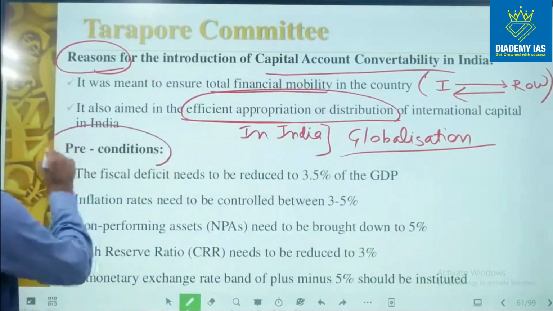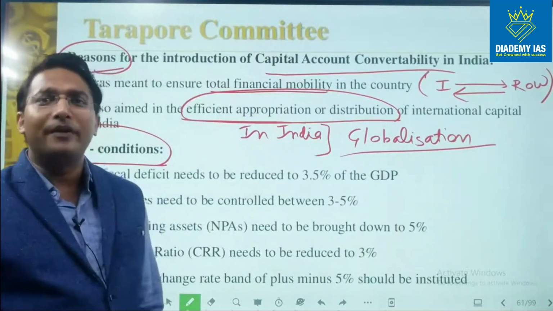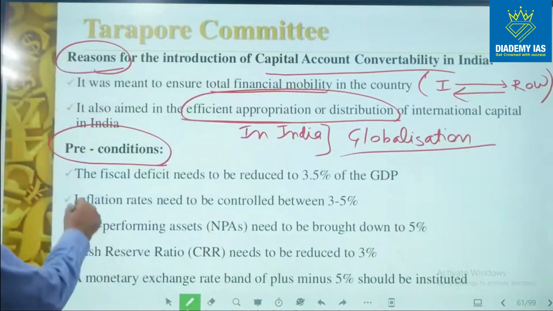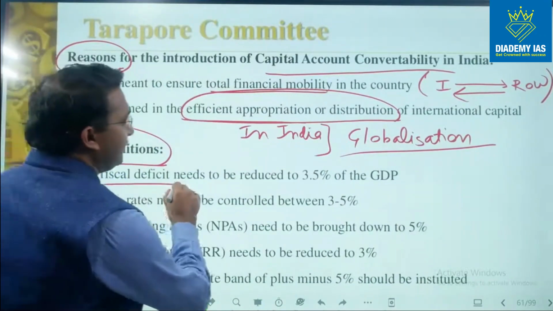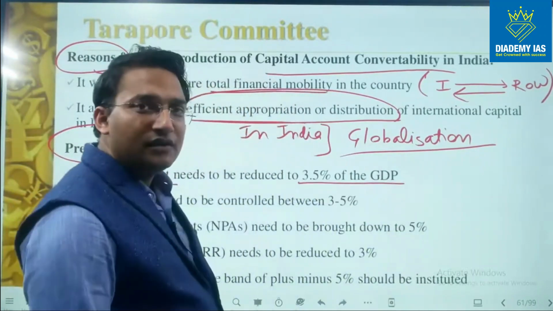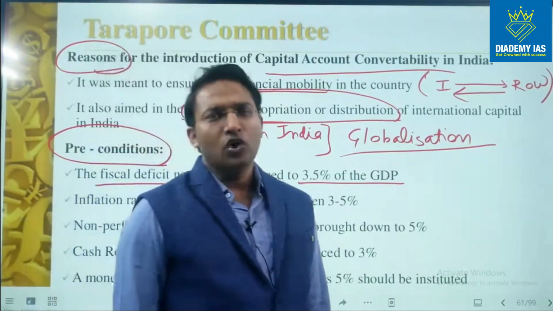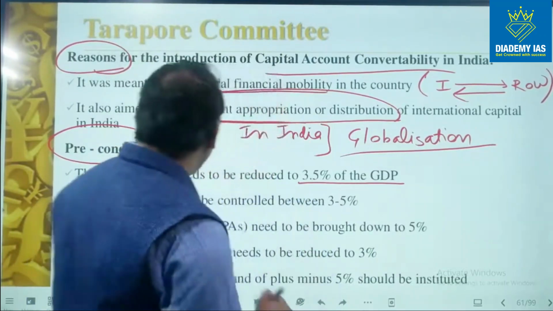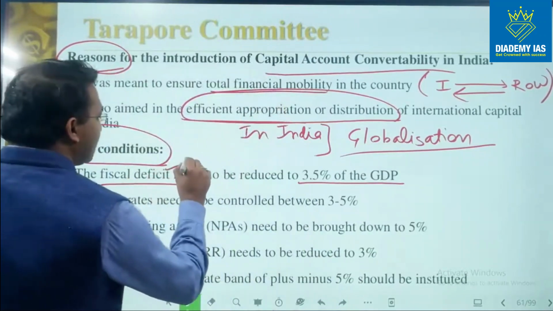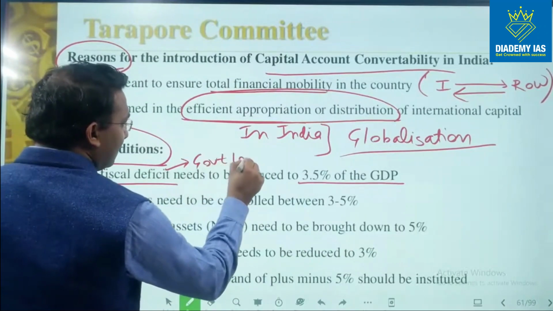Preconditions. Now, as I told you, this Tarapore committee laid down some preconditions. The first precondition is the fiscal deficit needs to be reduced to 3.5% of the GDP. Now you might ask a question, sir, why this condition? So what is the meaning of fiscal deficit? That means the government loan, the government borrowing, right?